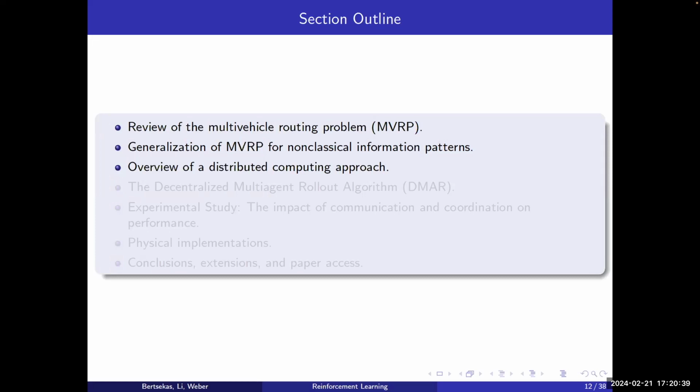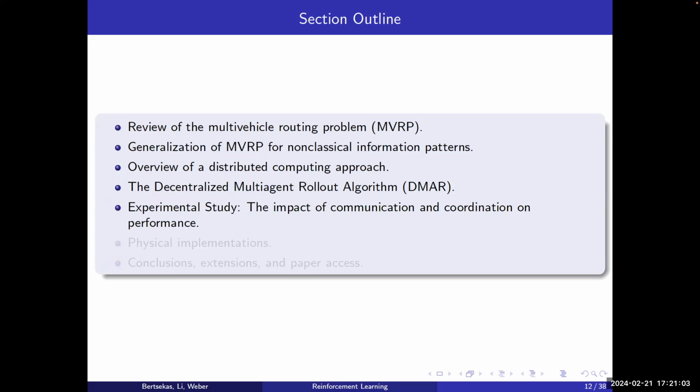I'm going to give you a very bare bones introduction to distributed computing, and it will be all the information that you need to understand the solutions that we're going to present. That leads us to an algorithm called decentralized multi-agent rollout, or DMAR. Then we're going to look at an experimental study of the impact of communication and coordination on performance. Then some physical real-world implementations. And lastly, we'll discuss conclusions. We're not going to look at extensions, but I will give you a way to access the paper.